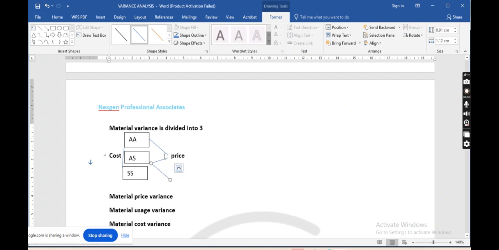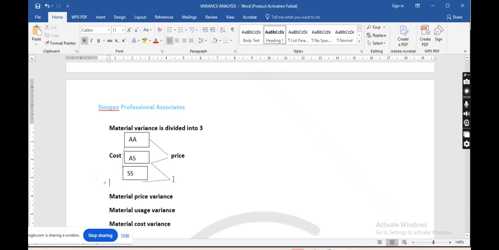Then I can have this here. Just observe. Now, this will give us material usage.